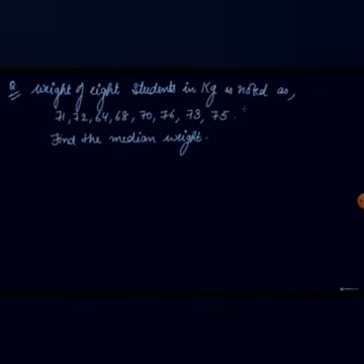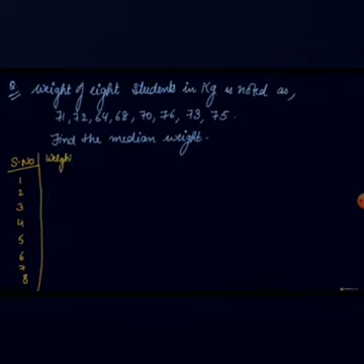This is the other question of the median. Weights of 8 students in kg are noted as follows; find the median weight. So first of all, you will have the serial numbers. How many students are there? 1, 2, 3, 4, 5, 6, 7 and 8 students. So we have to arrange the weights in ascending order.